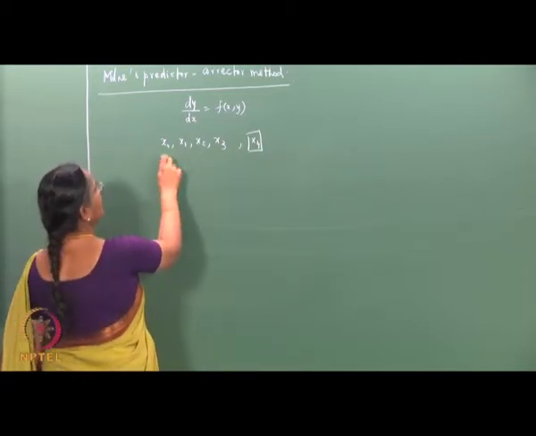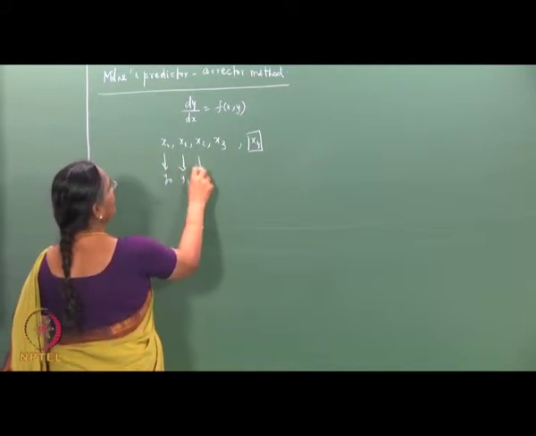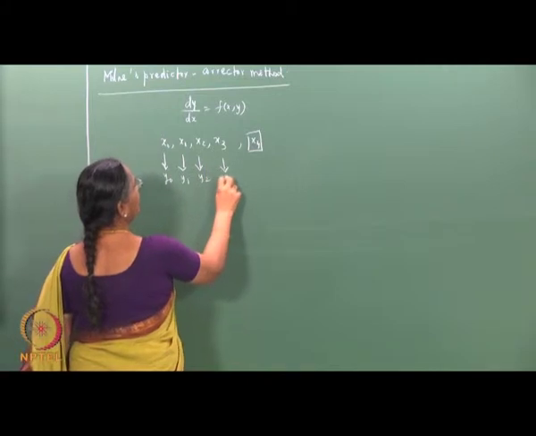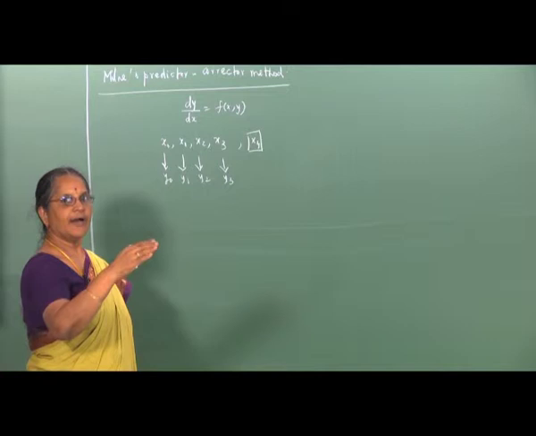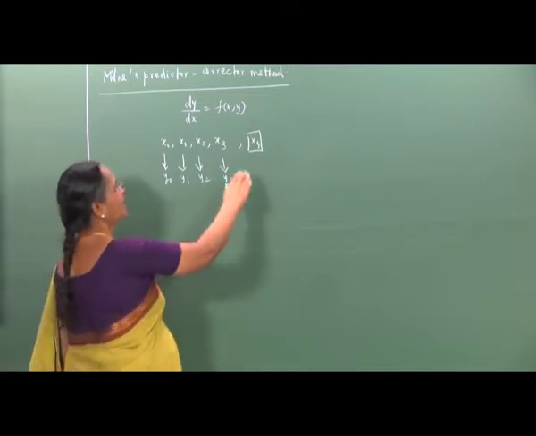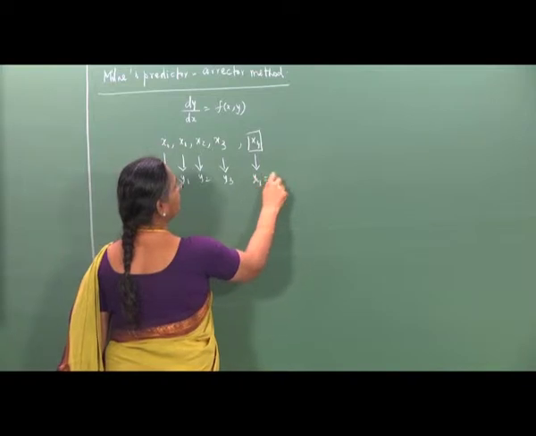Information about the values y0, y1, y2, y3 are known to you, and you are asked to get the solution at the point x4, namely what is y4.